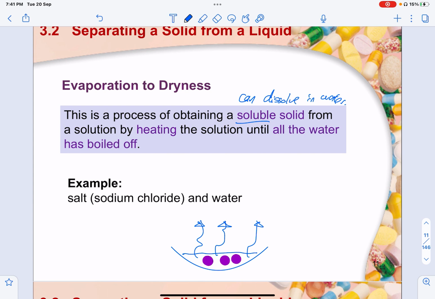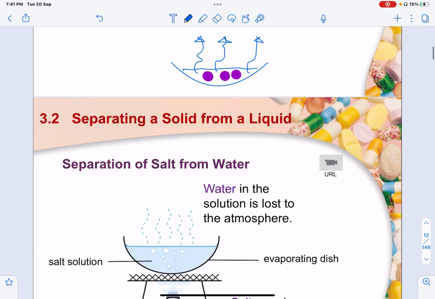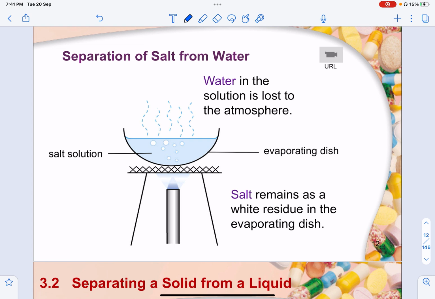So what is left on the evaporating dish is actually just the initial soluble solid. Because you have done evaporation to dryness, you remove the water already. Therefore, what is left is just the solid itself. In this case, when we use the example of salt from water, salt has a higher boiling point than water.